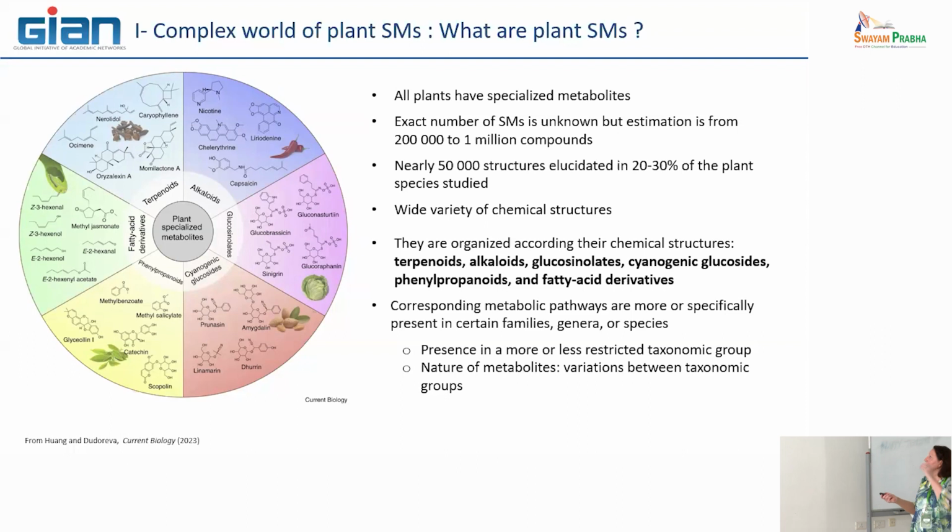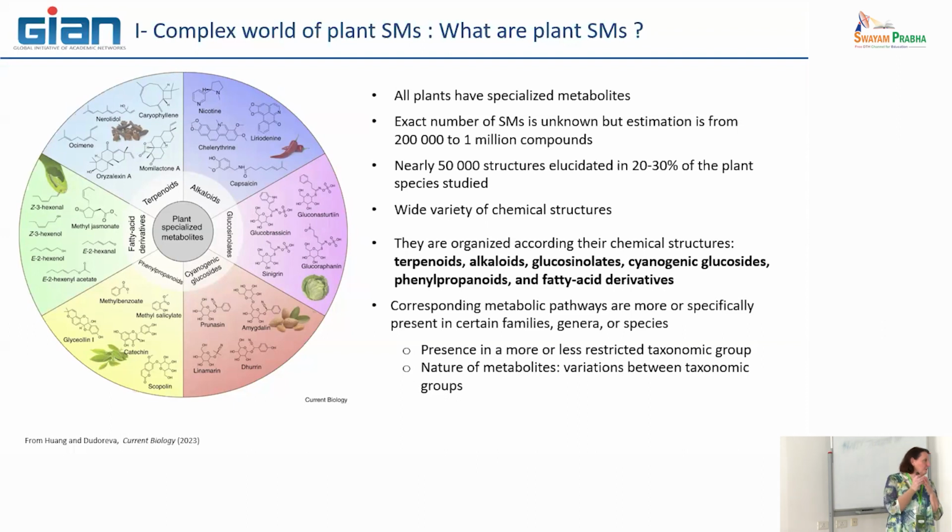What we know is that the estimation is about 1 million compounds, but I think it is less than the reality. Perhaps more millions of compounds exist in nature. And what we have already characterized is about 50,000 structures.